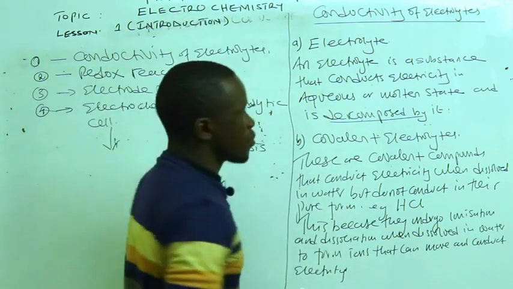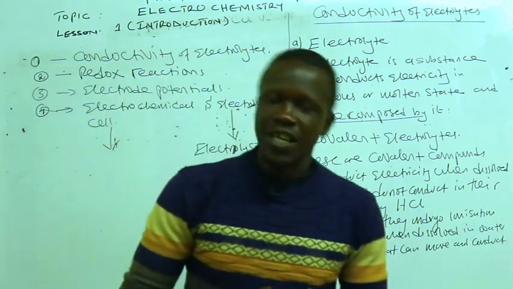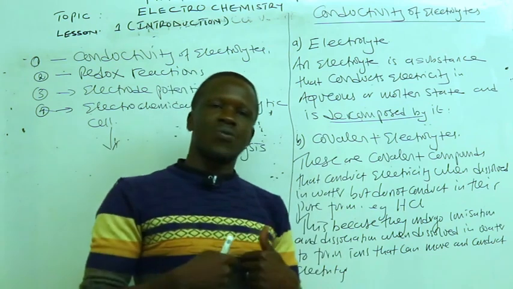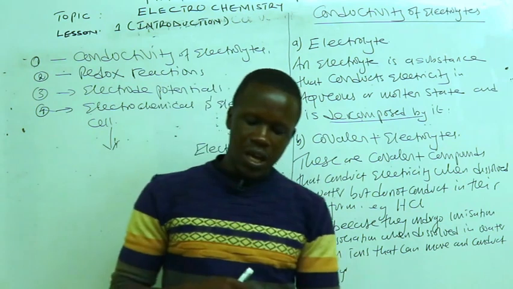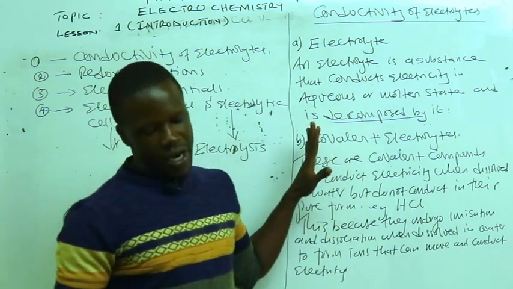So, in electrolytes, what conducts electricity are called the ions. That's why in solid state, when ions are very close to one another and not free to move, they will never conduct electricity. Now, this is one type of an electrolyte.